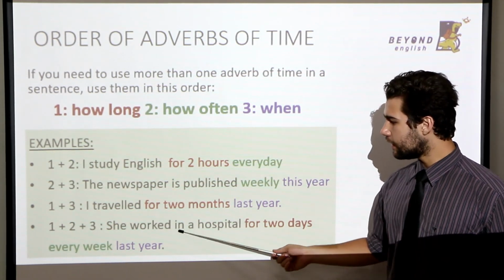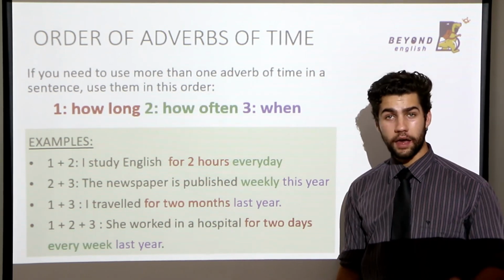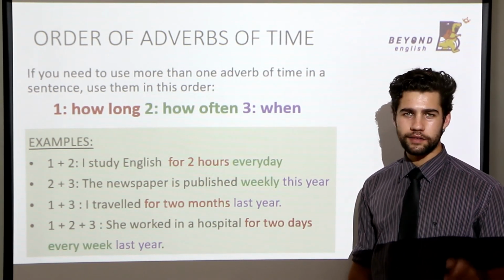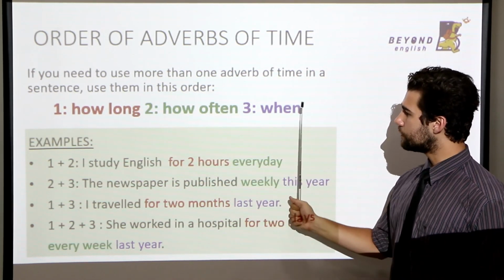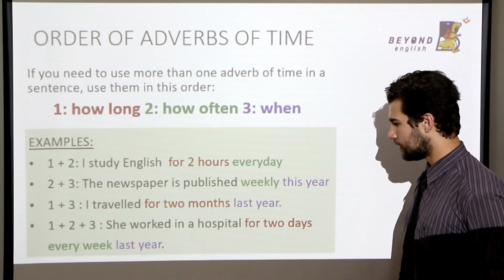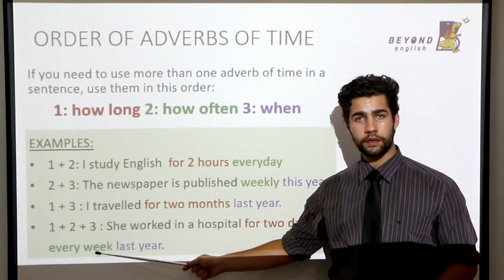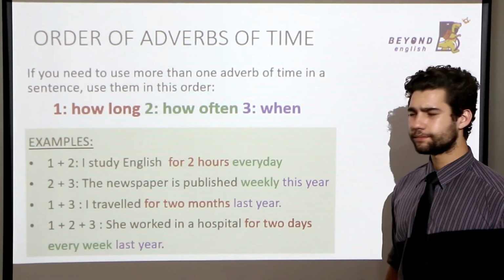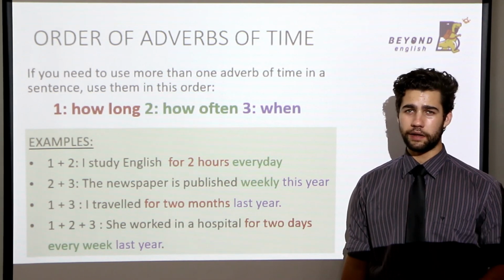She worked in a hospital for 2 days every week last year. Remember, 1, 2, then 3. How long? For 2 days. How often, every week, and when? Last year. Okay, well done.